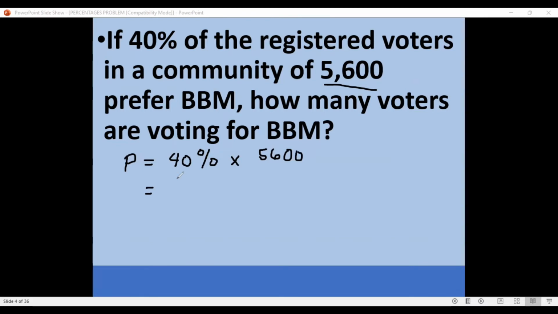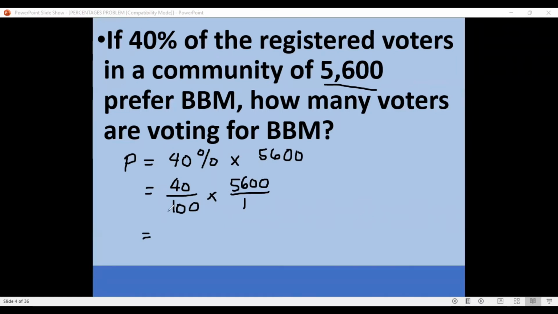If you are doing it in fraction, again, that 40% will be changed to 40 over 100. And the 5,600, we just have to let that become 5,600 all over 1, so that you will not be confused whether that 5,600 is in the numerator or in the denominator.